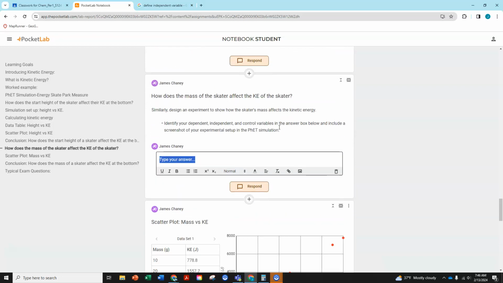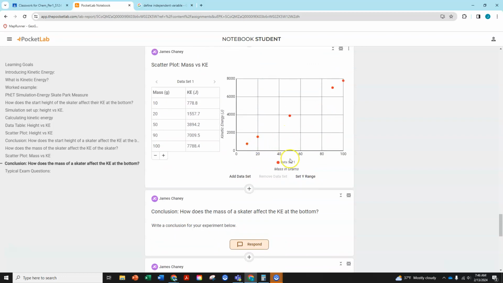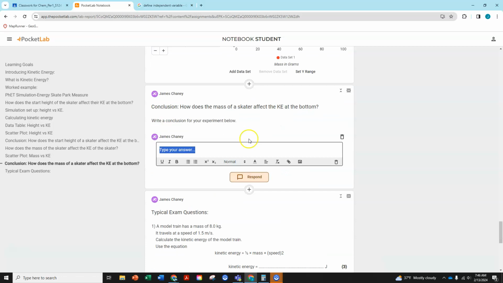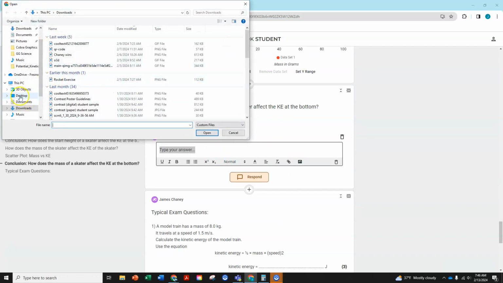Let's put the screenshot in this question right here. So you're talking about the results right here. So that's where we'll put our track. How does the mass of the skater affect the kinetic energy at the bottom? So you're just talking about what the results look like in that data set, and then you're going to add your skate park as well.